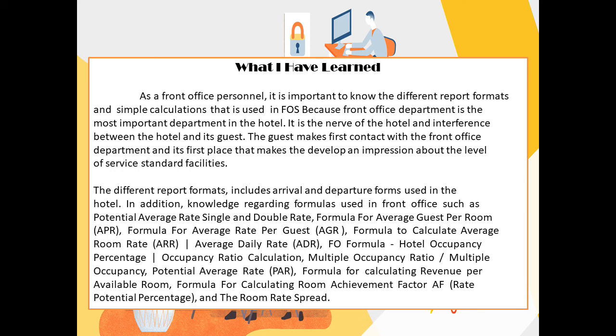In addition, knowledge regarding formulas used in front office such as potential average rate, single and double rate, formula for average guest per room, AGR, formula for average rate per guest, formula for calculating average room rate or ARR, average daily rate or ADR, hotel occupancy percentage, occupancy ratio calculation, multiple occupancy ratio, potential average rate or PAR, formula for calculating revenue per available room, formula for calculating room achievement factor or AF, rate potential percentage, and the room rate spread.